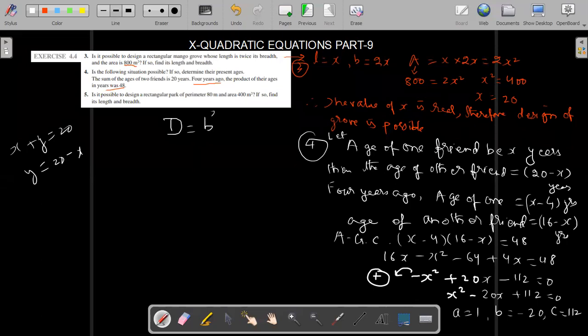D is equal to b square minus 4ac, so minus 20 square minus 4 into 1 into 112. So 20 square is 400 minus 448.